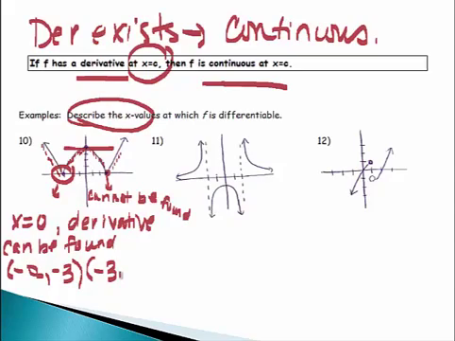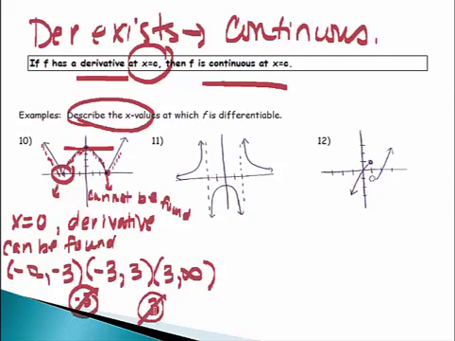Then we can find the derivative from negative 3 all the way up to positive 3, not found right at 3, though. And then we can find the derivative again from 3 on to infinity. So we can find the derivative at any spot in this picture except at negative 3 and at 3. This would be my complete interval.